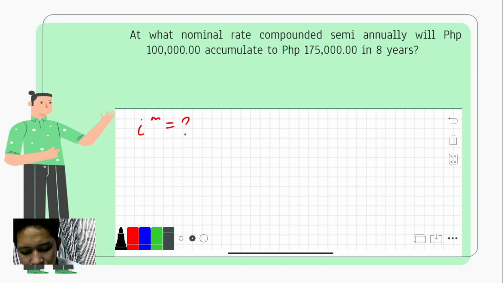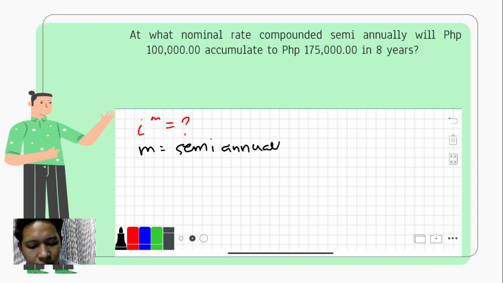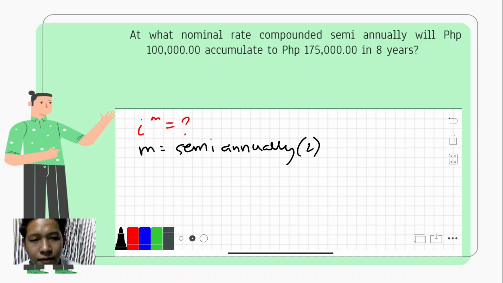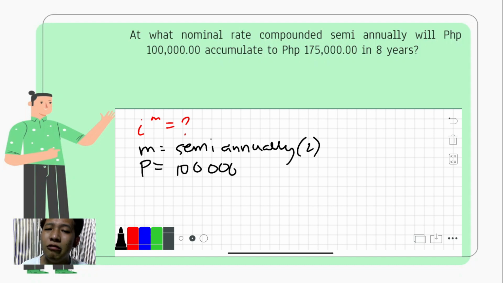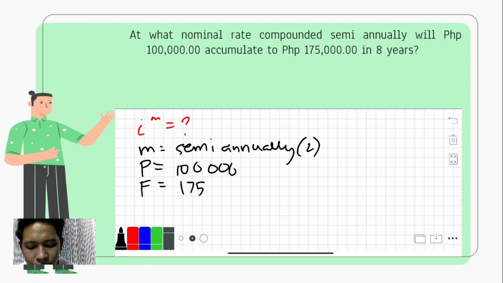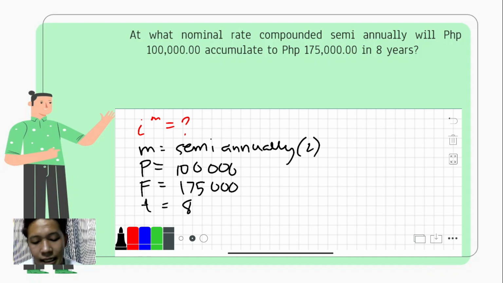Hence, our value of M is, since semi-annual siya, that is 2. And then we are given 100,000 pesos as our principal. And we also have, sabi dyan, accumulate to 175,000. Hence, our future value is 175,000. And our time is 8 years.